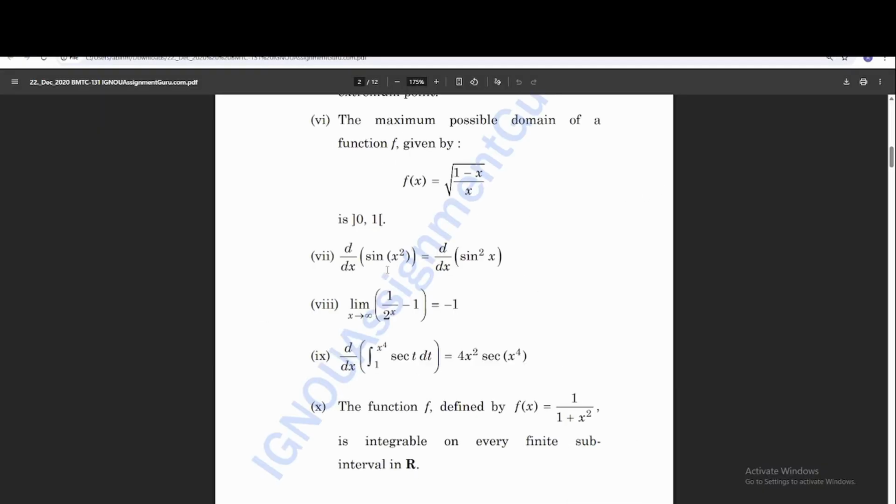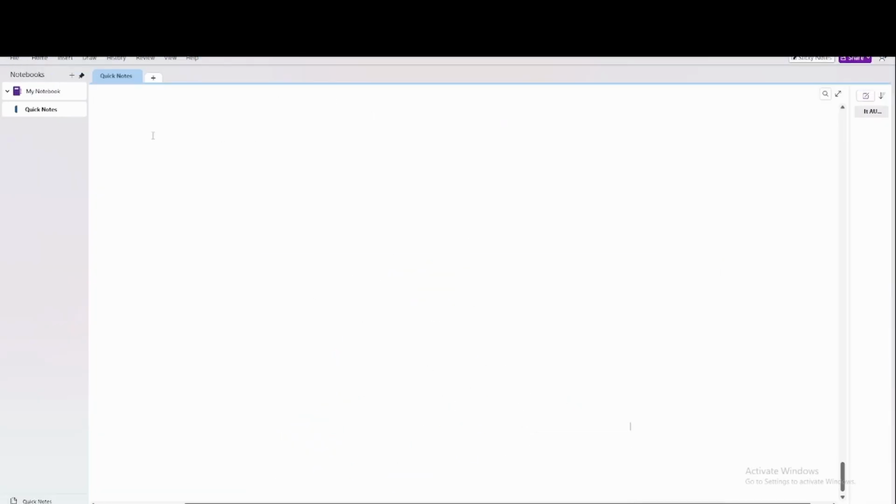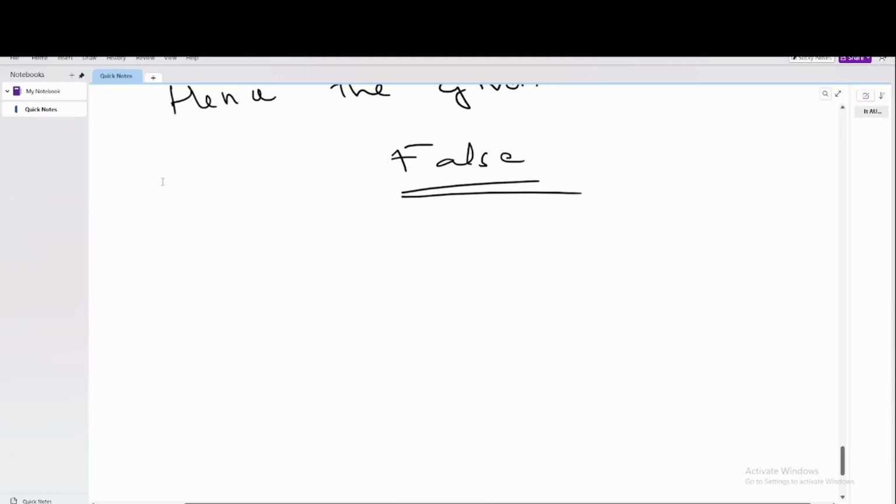The next question is: d by dx of sin x square is equal to d by dx of sin square x. We want to check whether this statement is true or false. For that we can use the chain rule. First we write the statement.